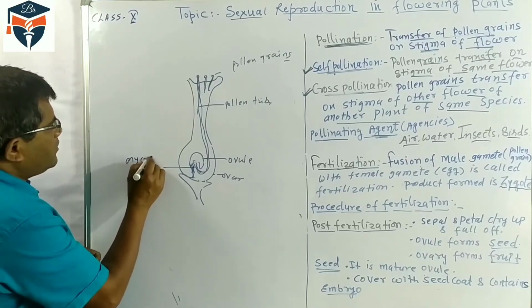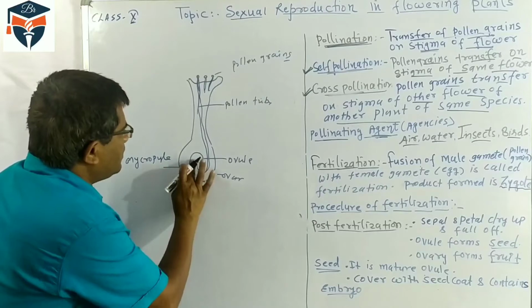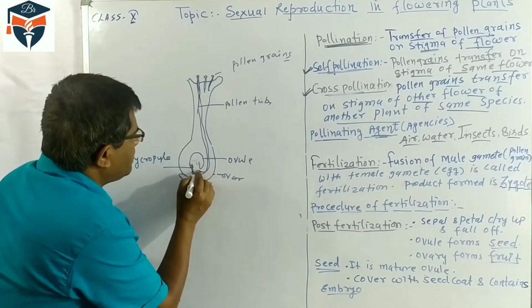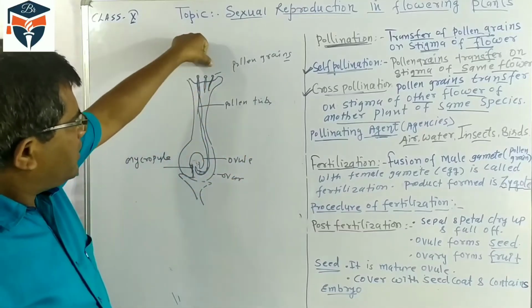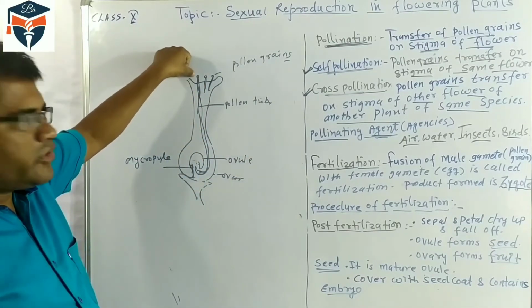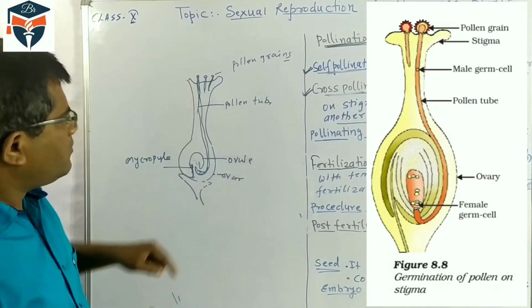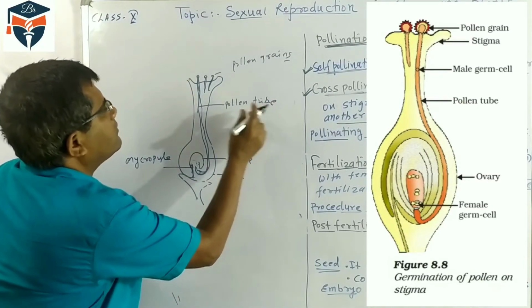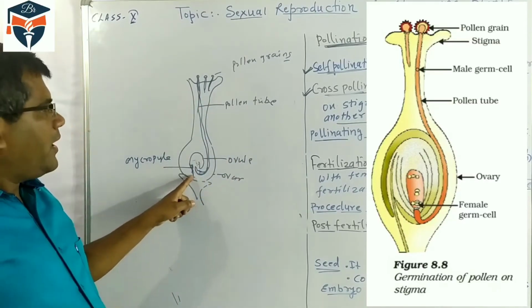Through this aperture the pollen tube enters inside the ovary. So pollen grain shifted on the stigma gets germinated. This tube is called the pollen tube, and this pollen tube now enters inside the ovule.